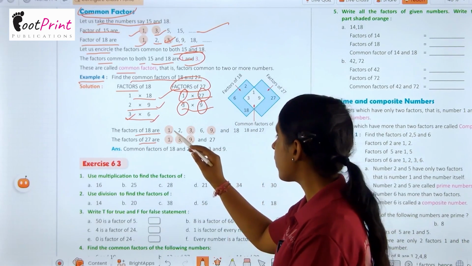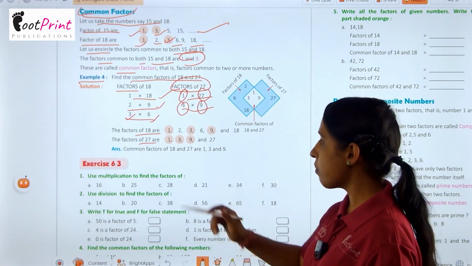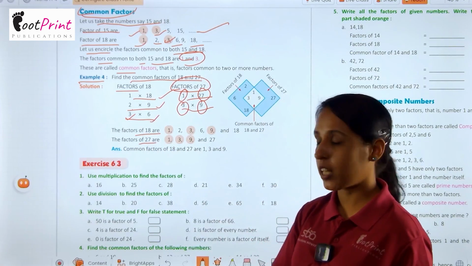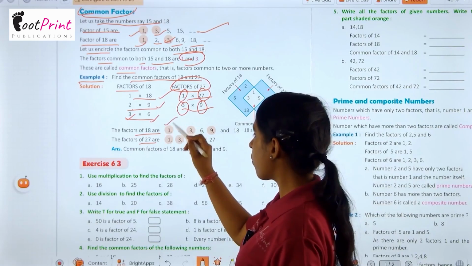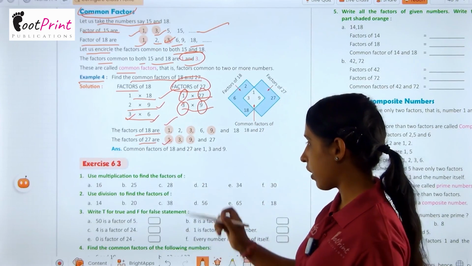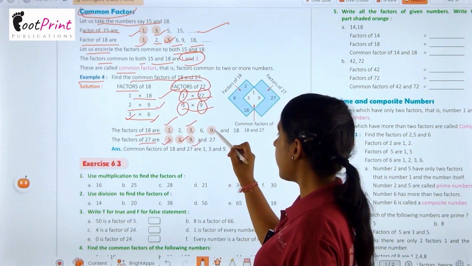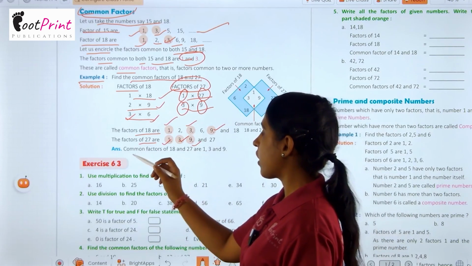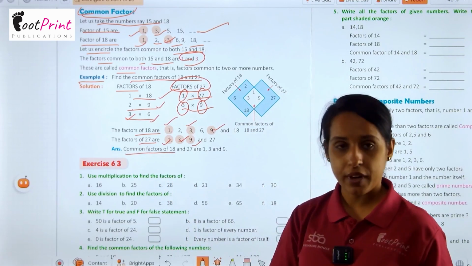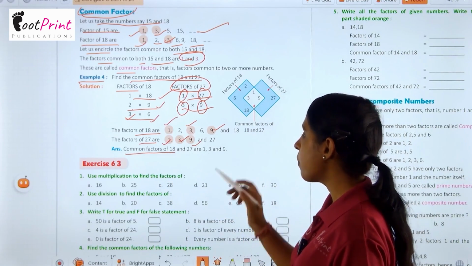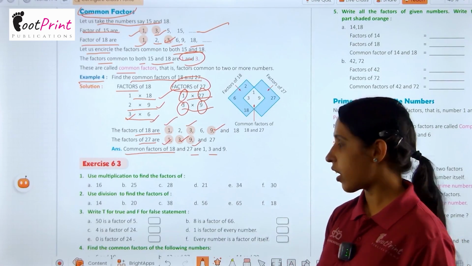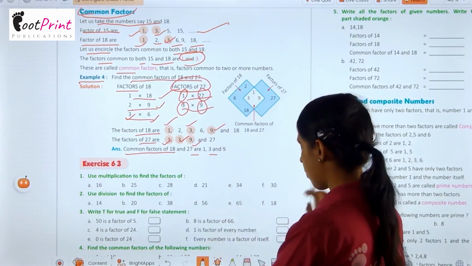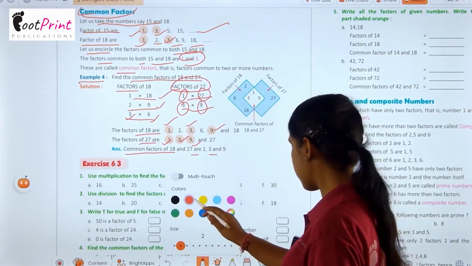We have to find out the common number that comes in both of the factor of 18 and 27. तो यहाँ पर कौन कौन से नंबर हैं जो कॉमन दोनों में आ रहे हैं? 1, 3 and 9. Okay, so we can write common factors of 18 and 27 are 1, 3, 9. Okay, so these are some examples.